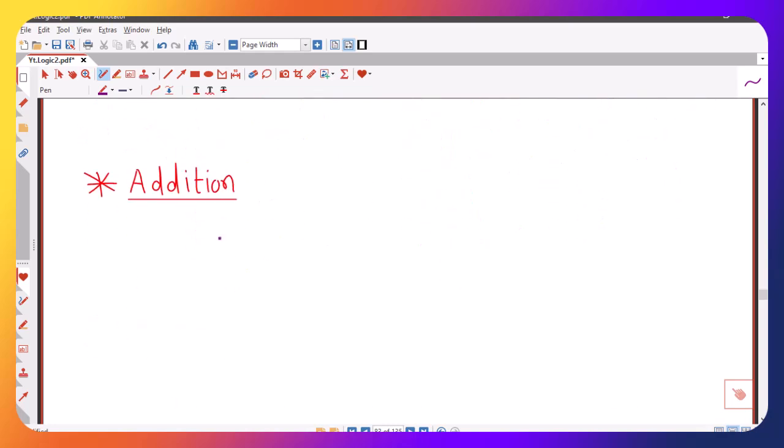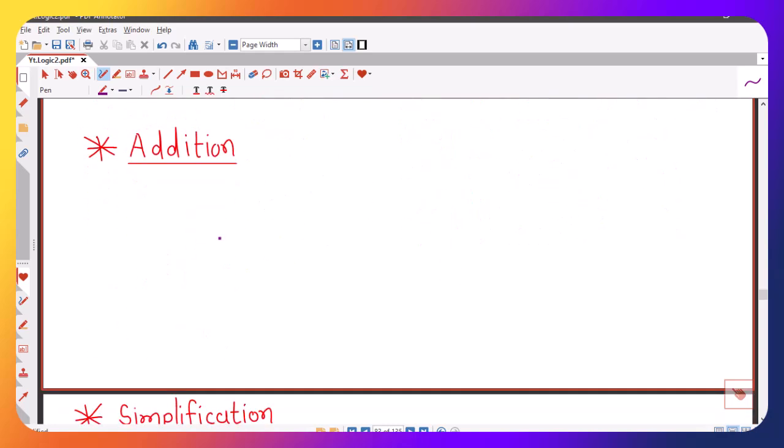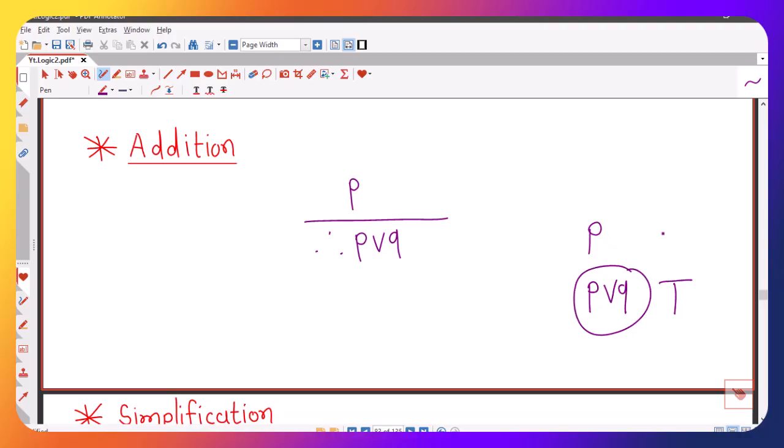Next rule of inference is addition, and it is very easy. It says that whenever we have one premise P, then we can say that P or Q. This means if P is a premise and it is true, then we know that P or Q is also true whenever P is true, because this is a disjunction of two propositional variables P and Q, and we know that a disjunction is true if at least one proposition is true.